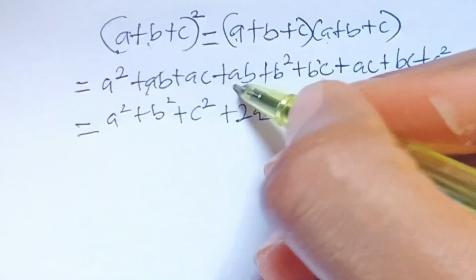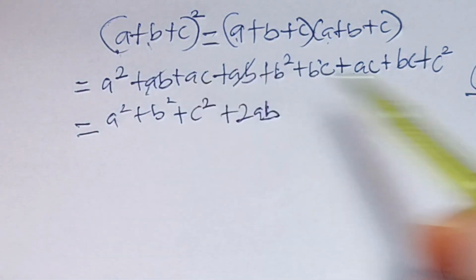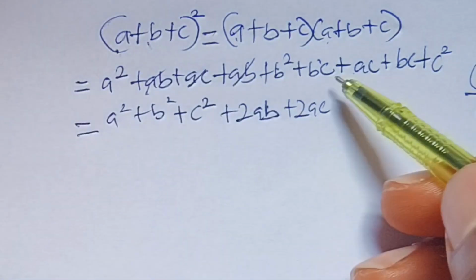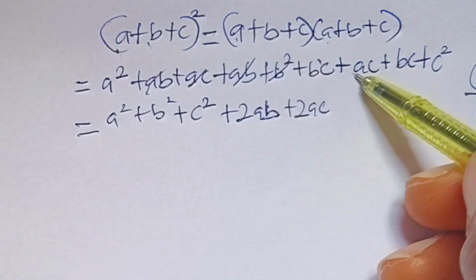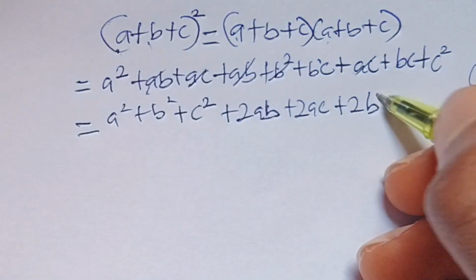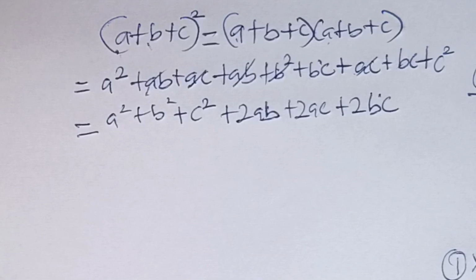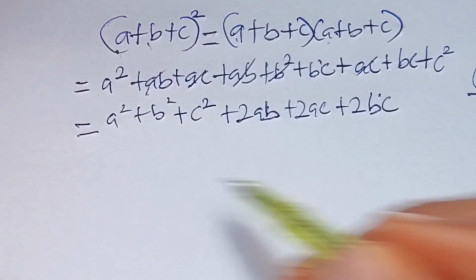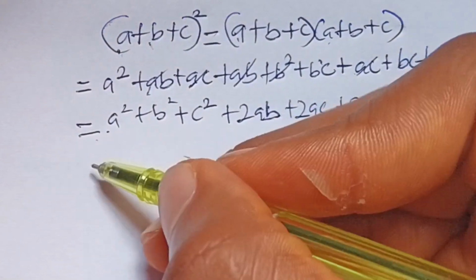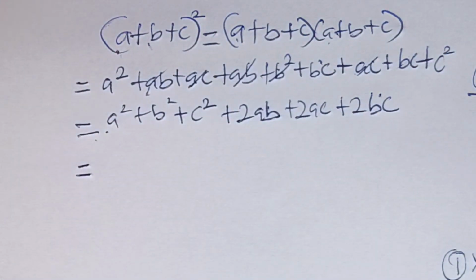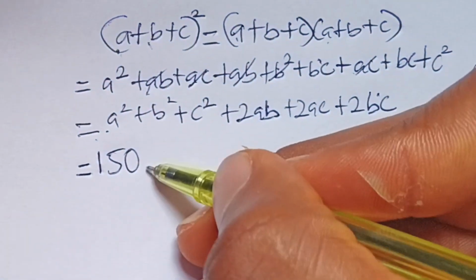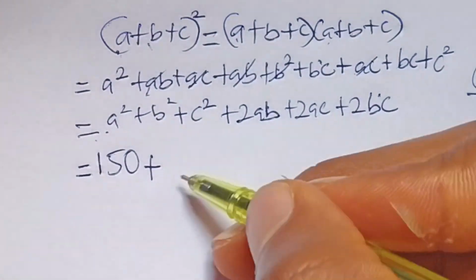We finish with this. We have AC 2 times, so we have plus 2AC. We finished with this as well. We have BC 2 times, so plus 2BC. Now recall that we've gotten the values for A squared, B squared and C squared. A squared is equal to 150. B squared is equal to 200 over 3.